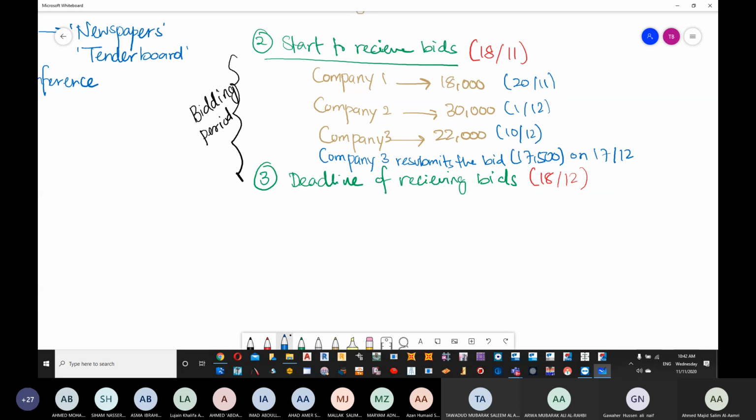Okay, I'll just give you an example, and based on the example, we are going to decide.